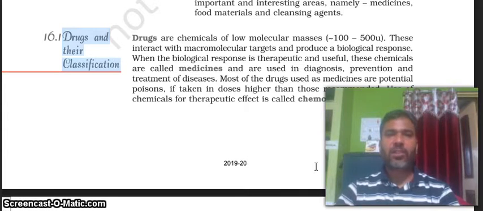When the biological response is therapeutic and useful, these chemicals are called medicines and are used in the diagnosis, prevention, and treatment of disease. Most drugs used as medicine are potential poisons if taken in doses higher than those recommended. Use of chemicals for therapeutic effect is called chemotherapy.